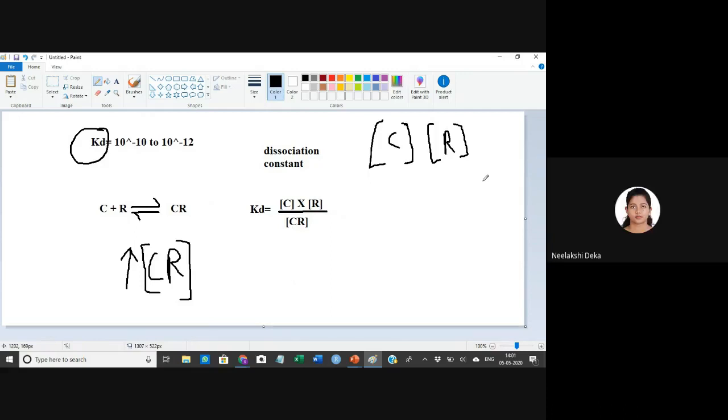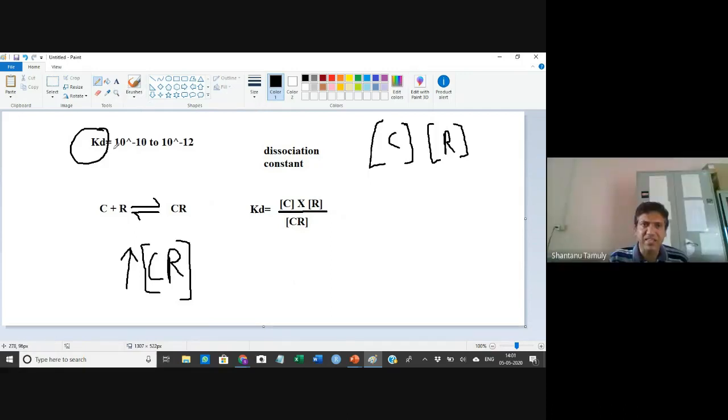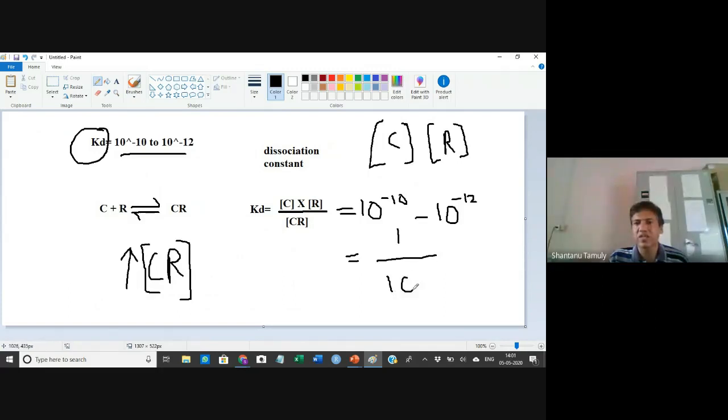Now this value is equal to 10 raised to power minus 10 to 10 raised to power minus 12. What does it mean? It means 1 divided by 10 raised to power 10 or 12.